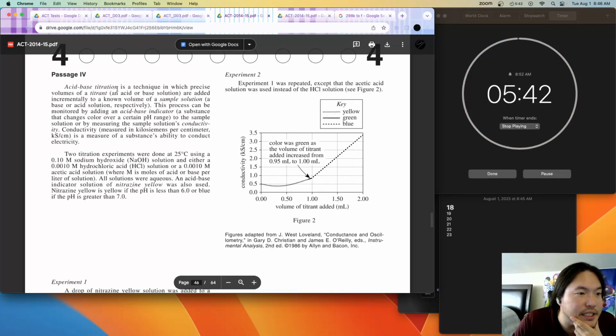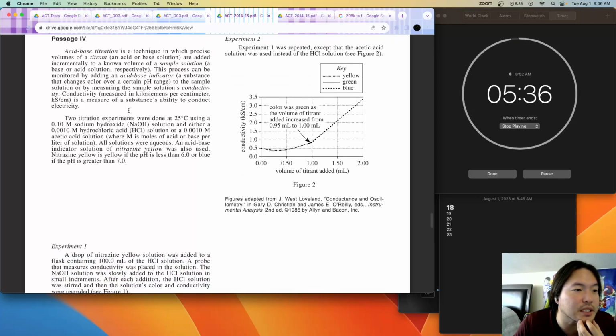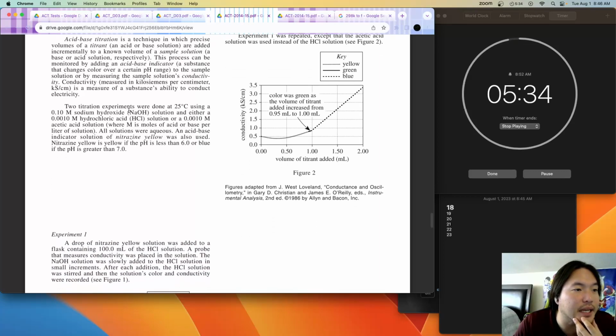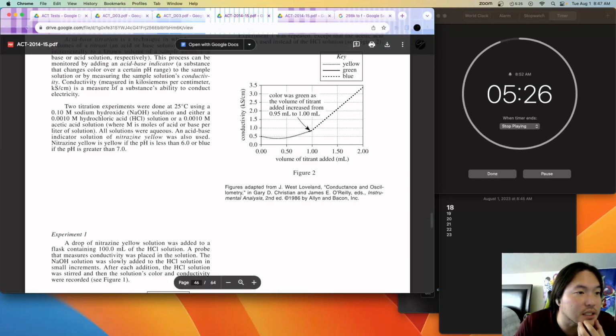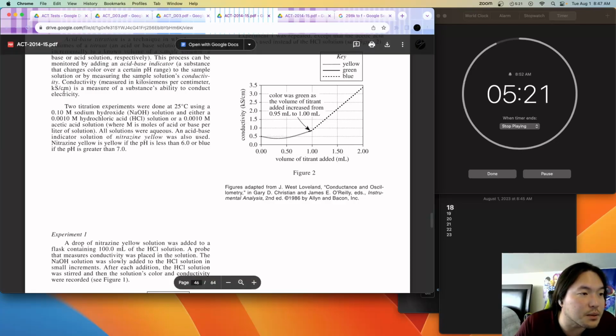Acid-base titration is the technique in which precise volumes of a titrant, an acid or base solution, are added incrementally to a known volume of a sample solution, an acid or base solution respectively. This process can be monitored by adding an acid-base indicator, a substance that changes color over a certain pH range, or by measuring the solution's conductivity. Conductivity is measured in kilosiemens per centimeter, kS/cm, a measure of the substance's ability to conduct electricity.